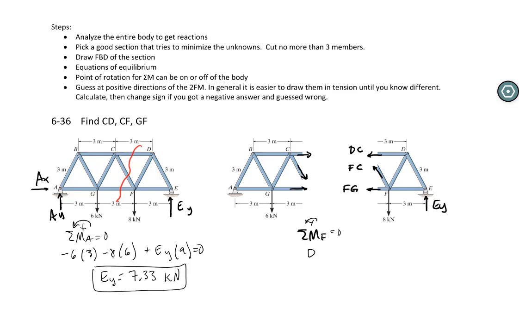So here I have positive DC times the height here. I didn't actually figure out that height. Maybe I should do that. That height there is 3. Because this is an equilateral triangle, each one of those angles is 60 degrees, so this would be 3 sine 60.